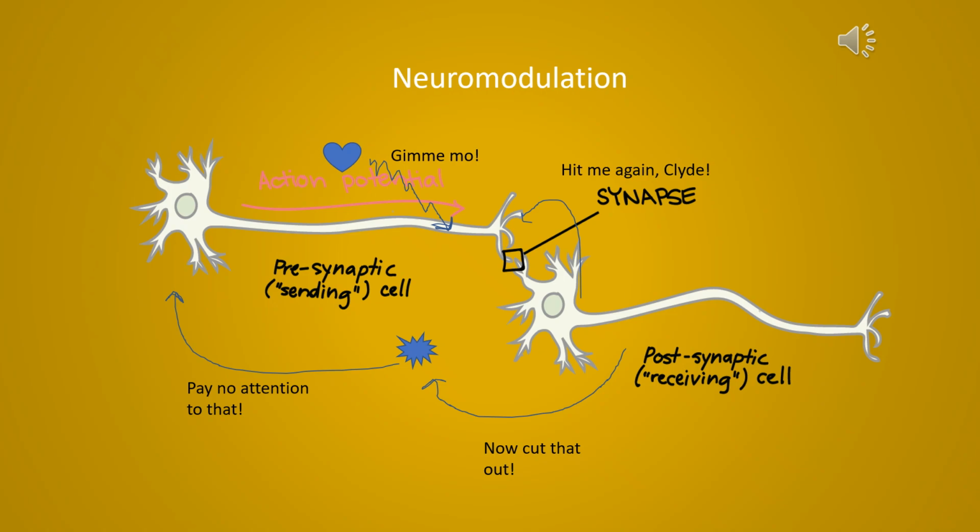So here I have a heart being an example of an organ releasing a paracrine or a neuromodulator chemical that affects what the presynaptic neuron does. So the heart may be saying to that neuron, what you're doing is a good thing for me, therefore give me more of that.